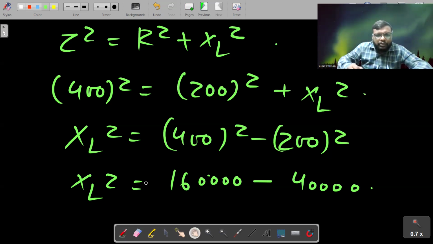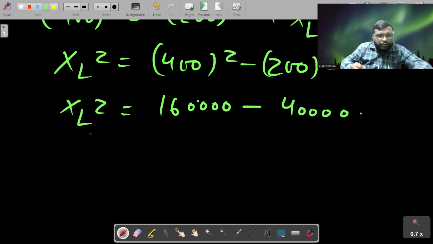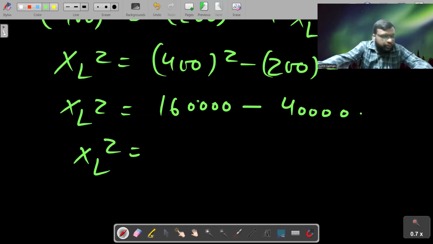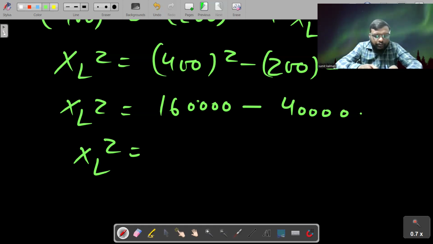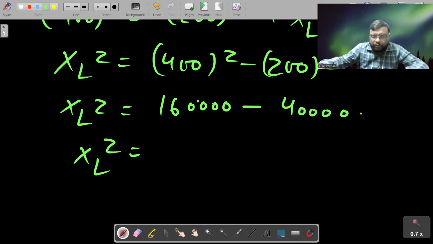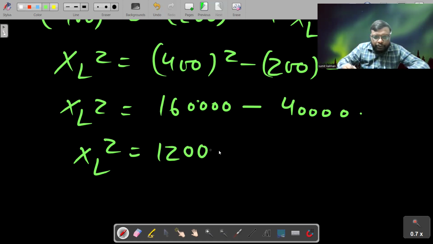And here it will become XL square is equal to 16 minus 4, it will come out to be 12, with four zeros.